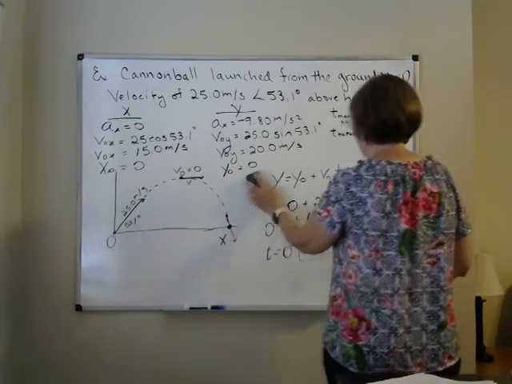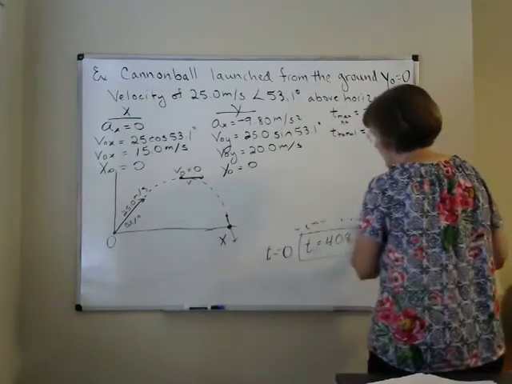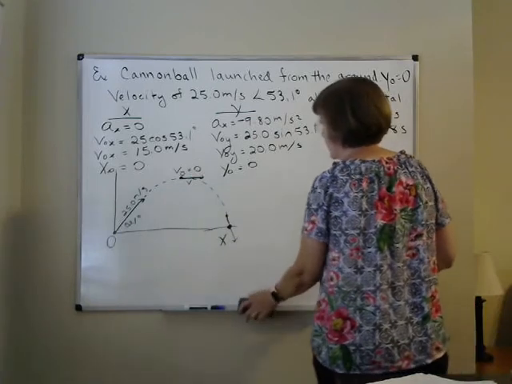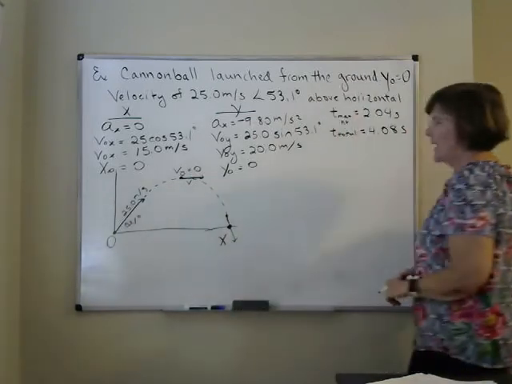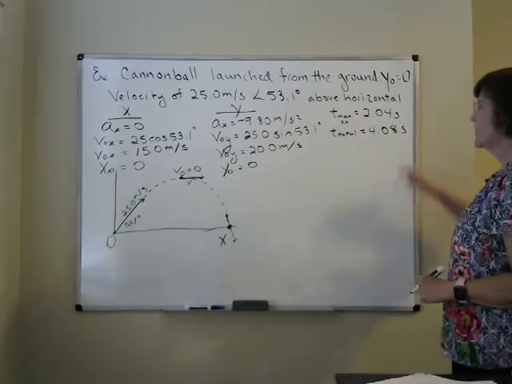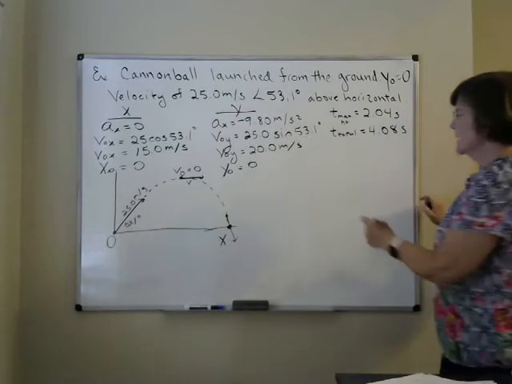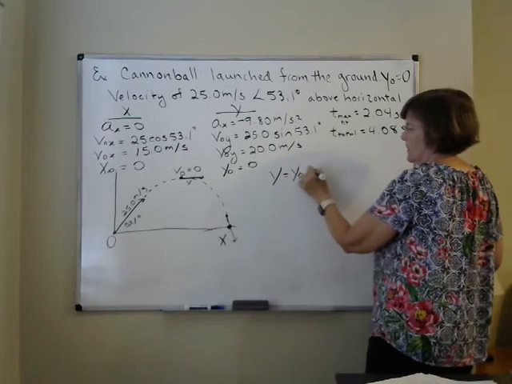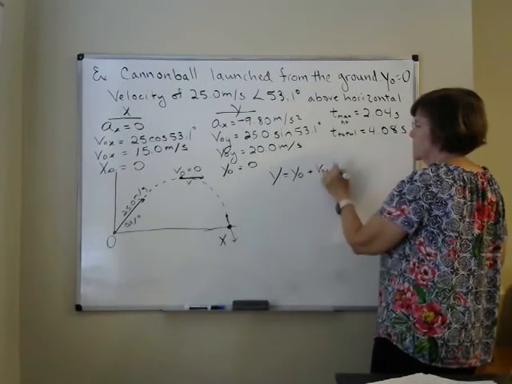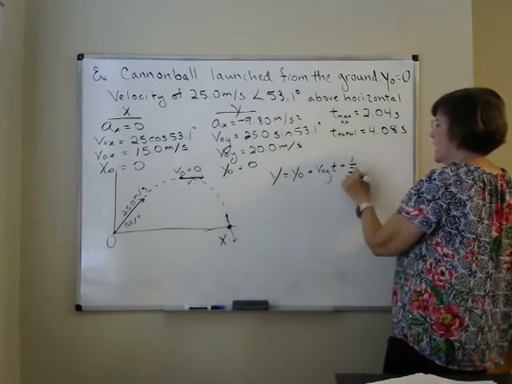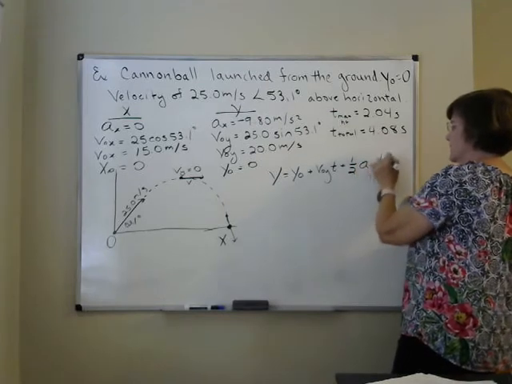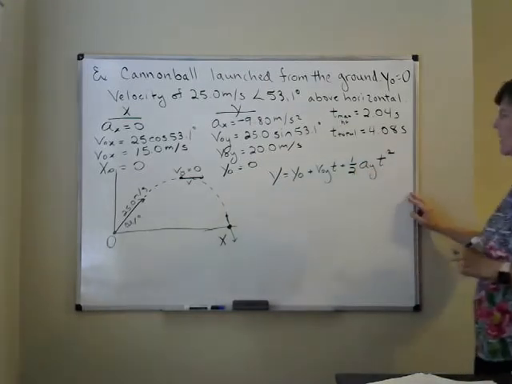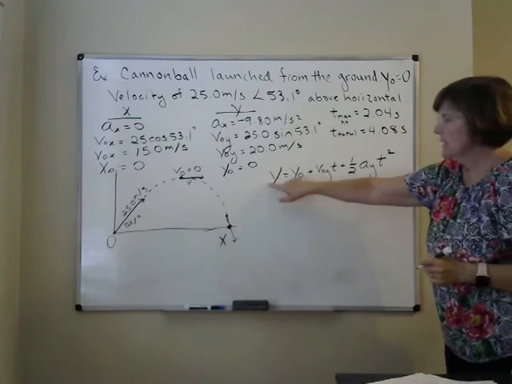Let's go back to the idea of maximum height. We haven't said what that maximum height will be, but if I want it, I'm going to use this time. y equals y0 plus v0y t plus 1/2 at squared. I want to know this height.